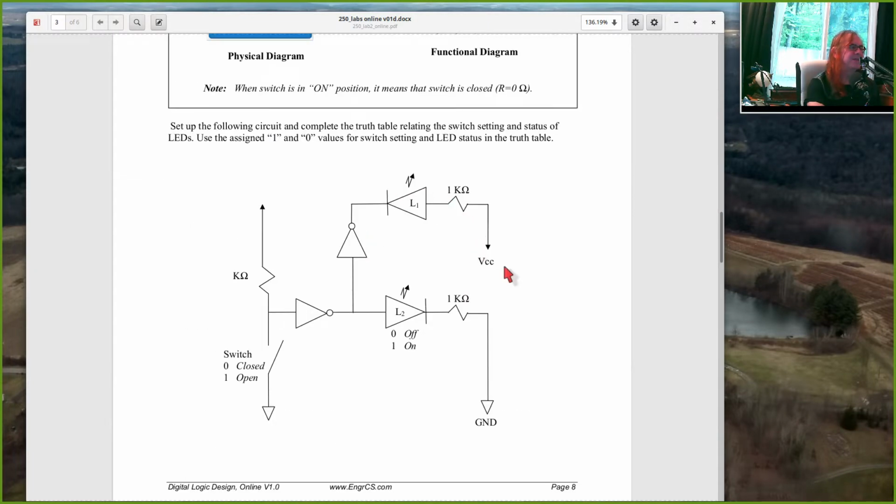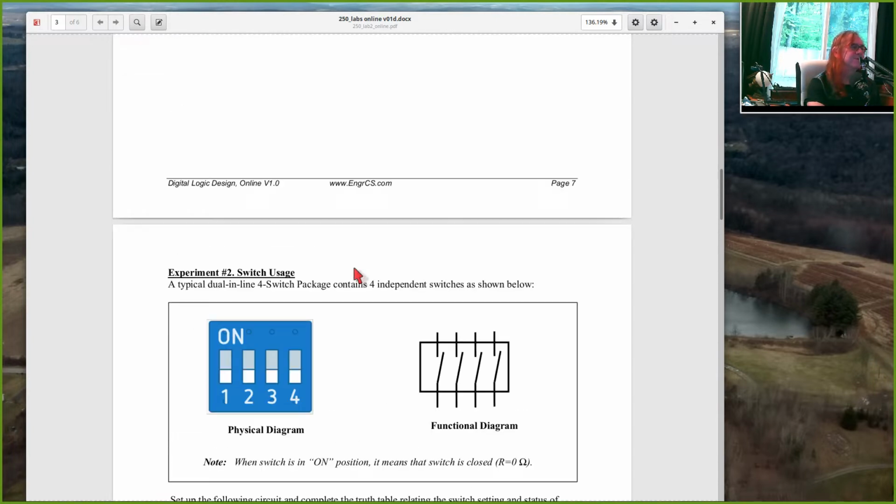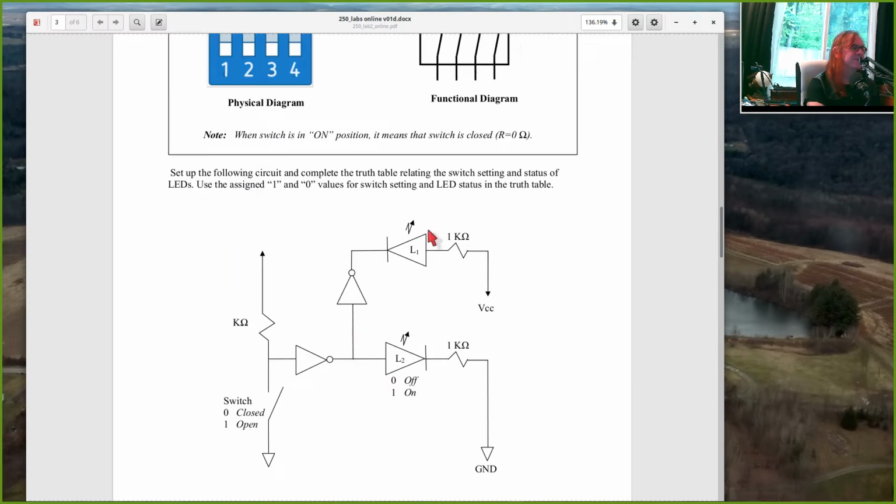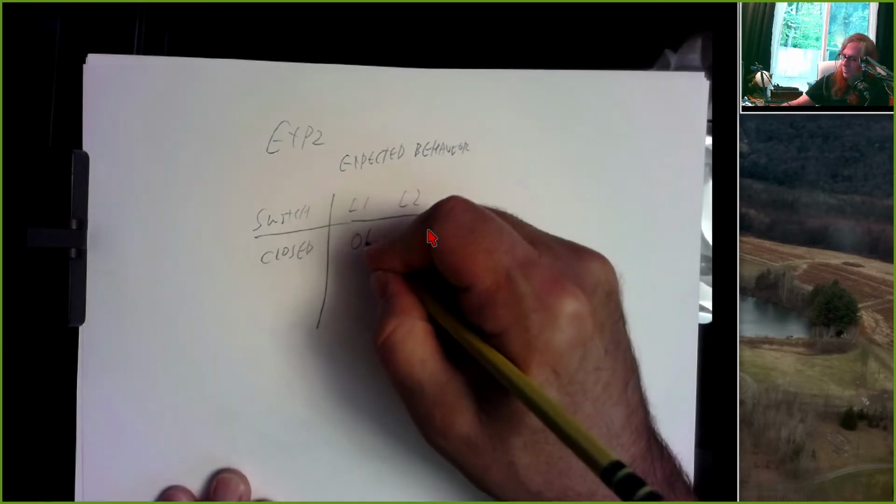That's exactly what we have here. VCC, 1K, LED in this direction, logic high coming here. And why is it logic high? Because we have a 0 here and the output of the inverter is high. So we have high going into the inverter. Right, that's configuration 3. So high goes in here, L1 should turn on also. So this will be on.